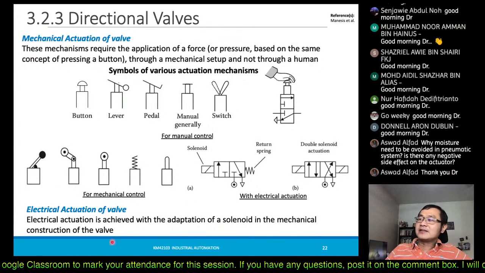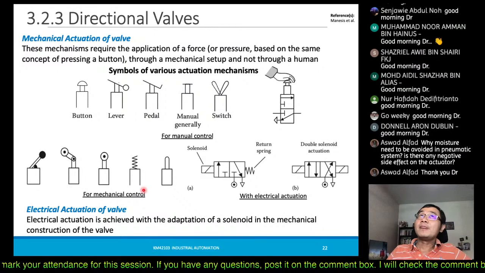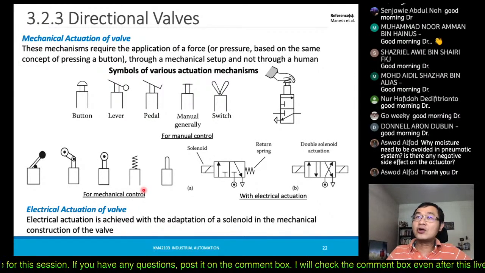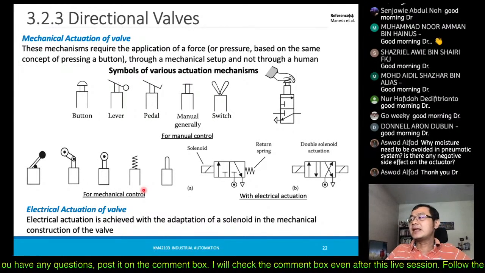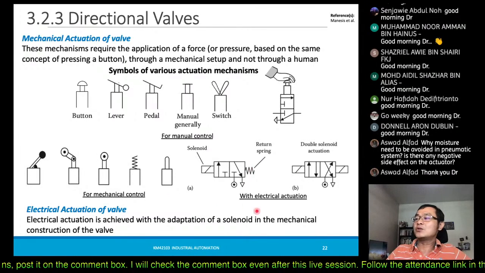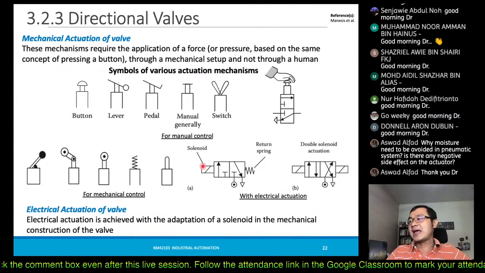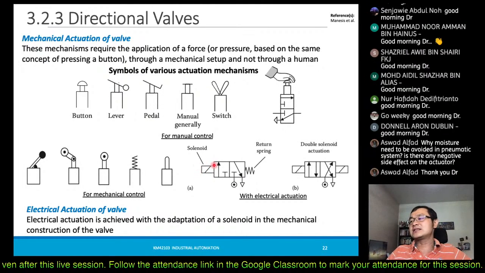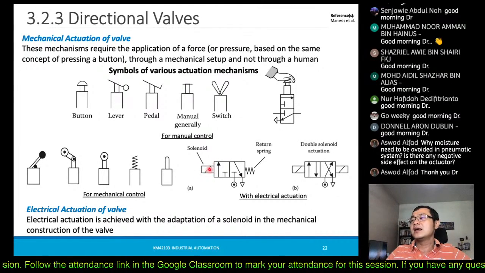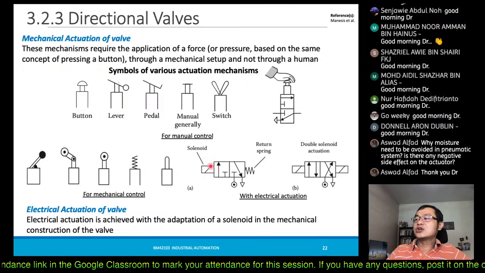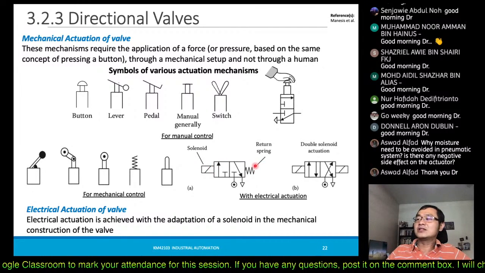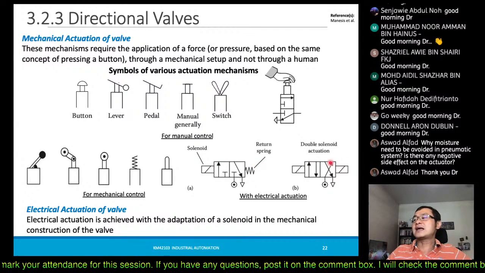Whereas in an electro-pneumatic system, we may also include what we call electrical actuation, okay, by adding a solenoid, okay? So this is the symbol of a solenoid, okay? Then this solenoid may have a return spring or maybe both sides are solenoids.